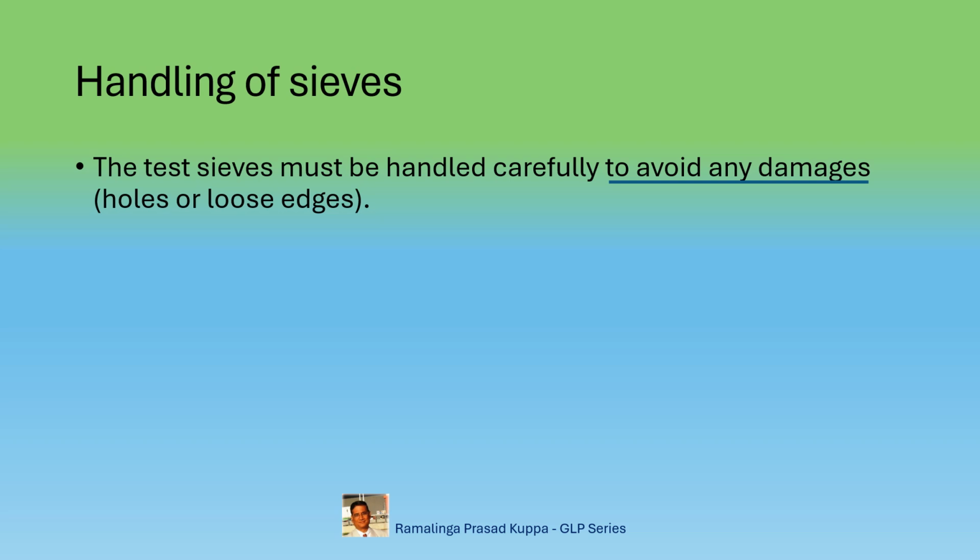It is also necessary to check the material of construction of the mesh of the sieve. It should be at least SS 314 grade. Mild steel meshes should not be used. They can rust and the aperture size may vary significantly after certain use.